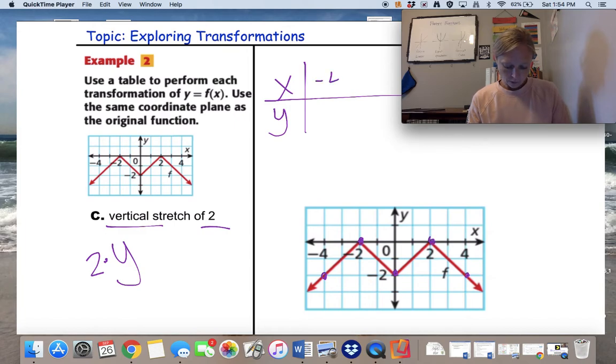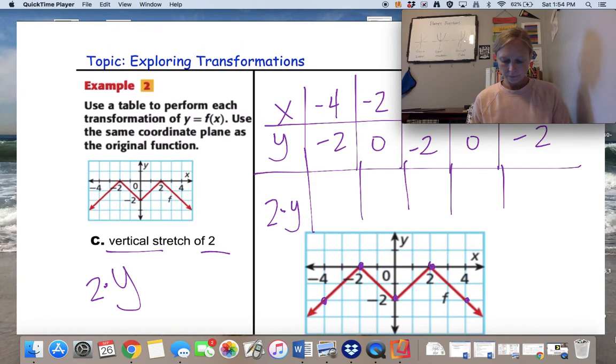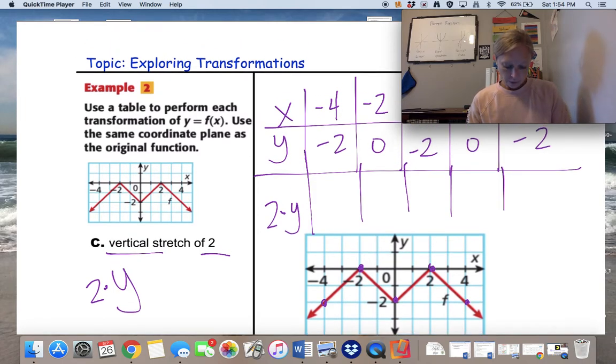Over -4, down 2, over -2, up 0, over 0, down 2, over 2, up 0, over 4, down 2. And we said we need to take our y and multiply it by 2. Change colors. -2 times 2 is -4. 0 times anything is 0. -2 times 2 is -4.